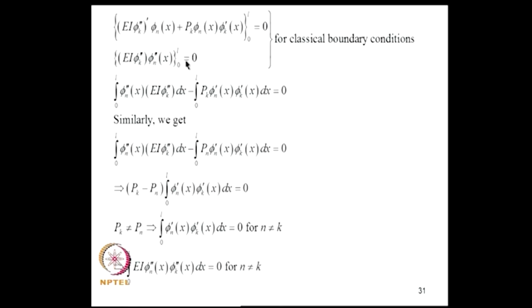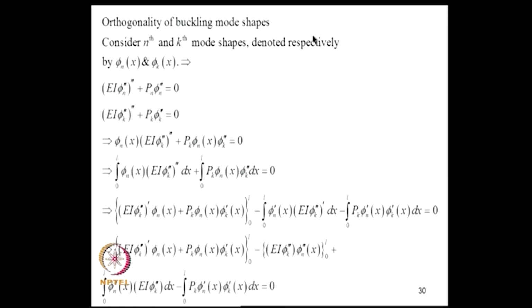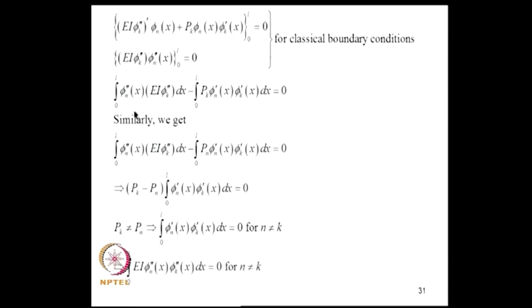Now, the terms inside these braces will be 0 for classical boundary conditions like clamped, simply supported, free, and vertical rollers. This we have seen earlier in context of vibration. So, we need not get into the details again. So, from this equation we have got now this equation.